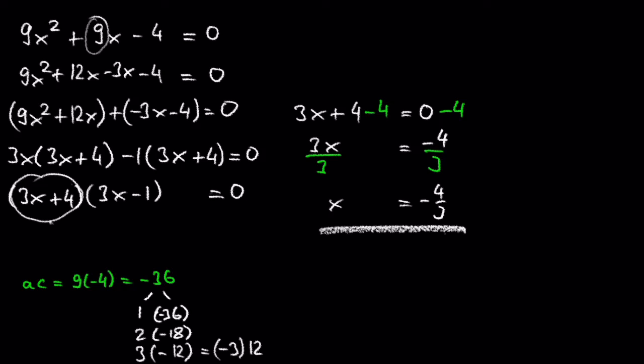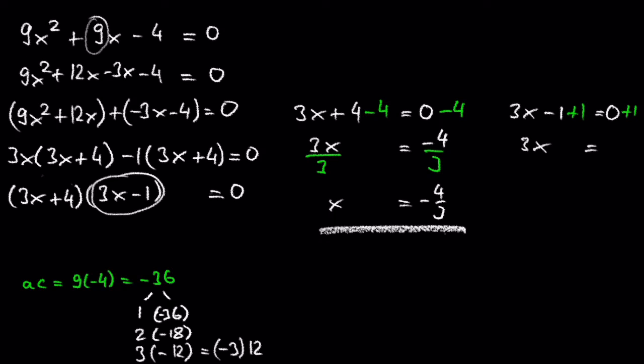And for the other expression, we get, after adding 1 on both sides, 3x equals 1. And after dividing by 3 on each side, we get x equals 1 over 3.